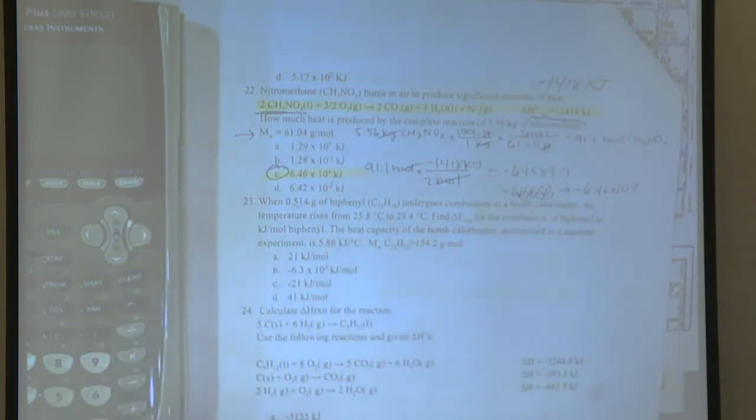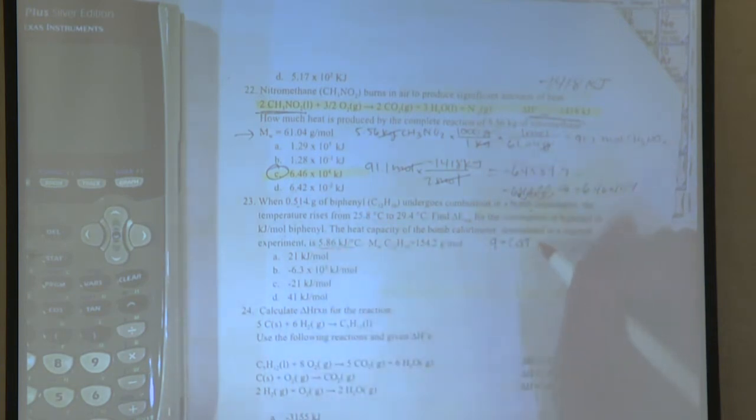Bomb calorimetry is a little bit different from coffee cup calorimetry in that the equation you use is just Q equals C delta T. There's no mass needed when you're doing calorimetry in a bomb calorimeter, right? They give us our C because it was determined in a separate experiment.